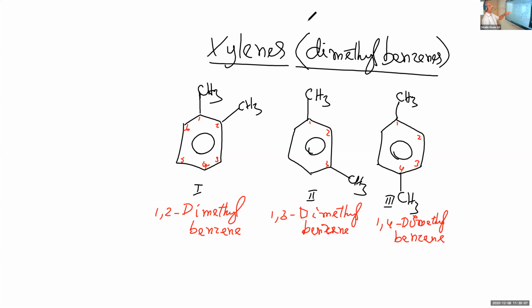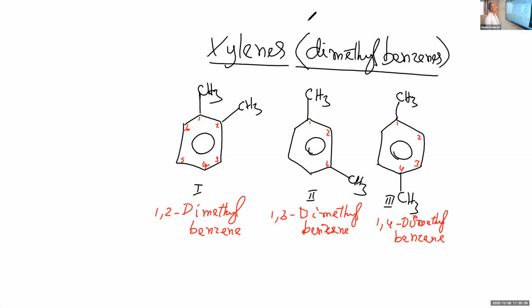Suppose the methyl group is on the fifth carbon. It is similar to the second structure. Suppose the CH3 group is on the sixth carbon. That is the repetition of the first one. So there are only three isomers like this.